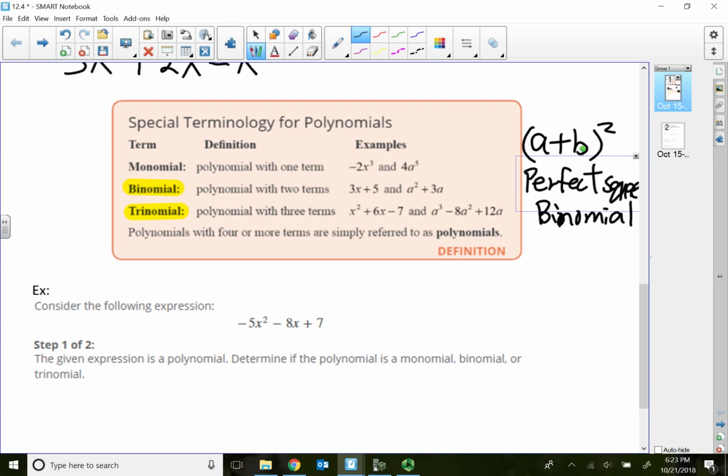The textbook called them perfect square trinomial instead because of what the answer turned out to be. But I call it a perfect square binomial based on what this thing looks like. There are 2 terms in the parentheses, so I call them the perfect square binomial.